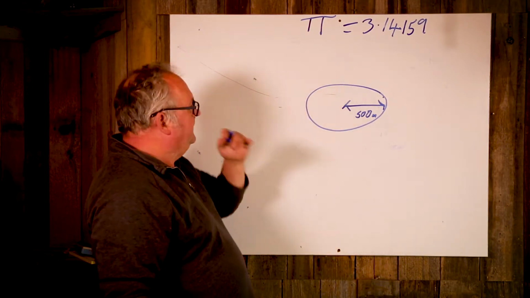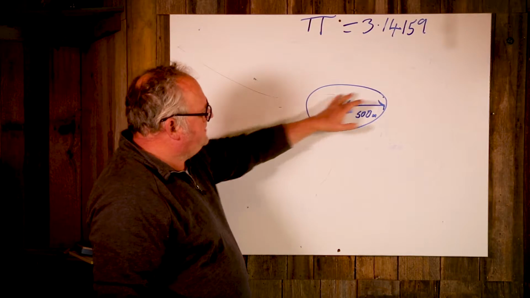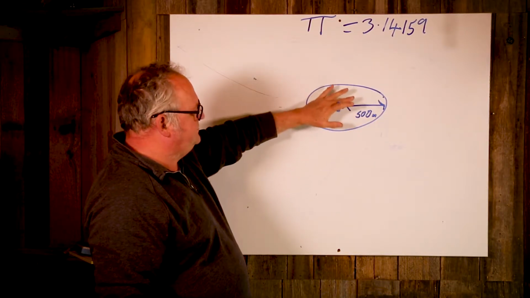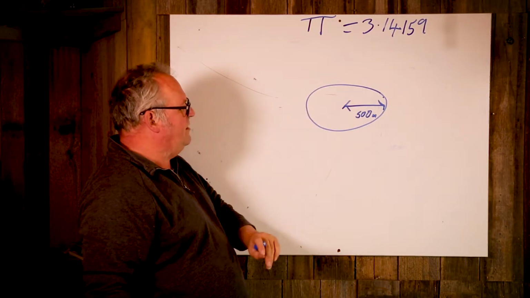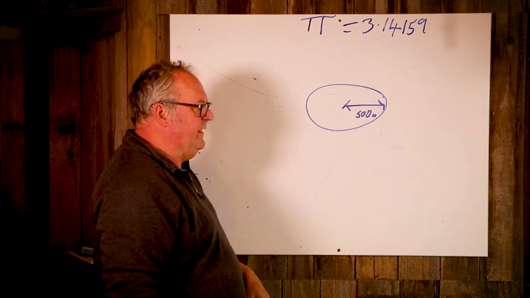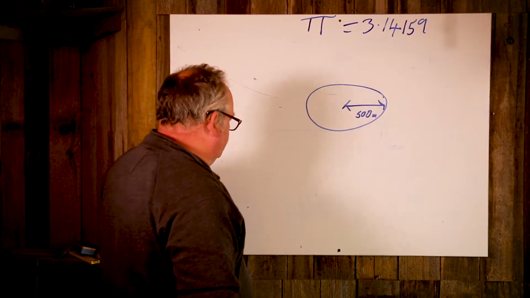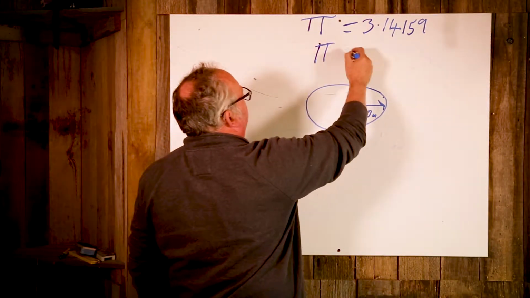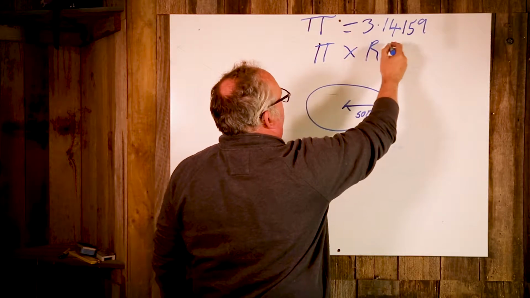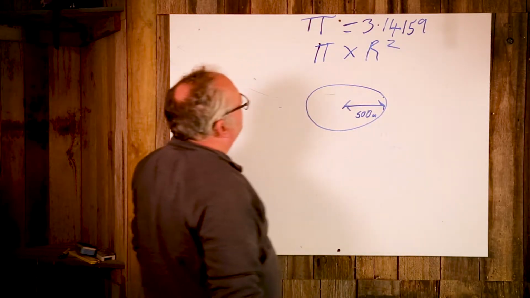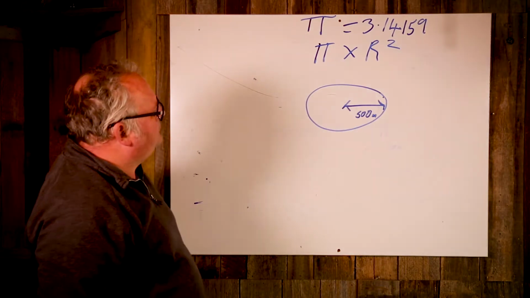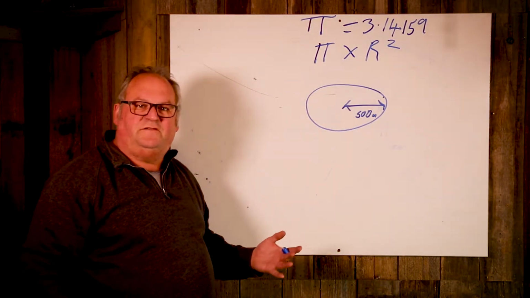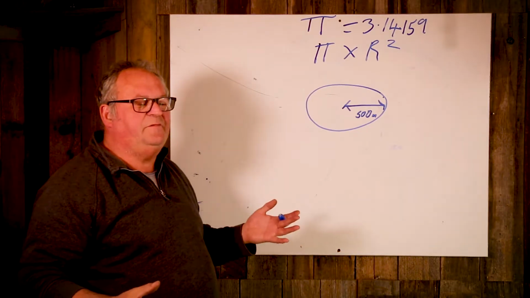Right, so we need to work out the area of that surface, the surface area of that first and foremost. So let's see if we can't work that out. And the formula goes something like this, and it's pi times r squared. Okay, so let's have a look how we do that using the iPhone. And the iPhone's got some great functions there.